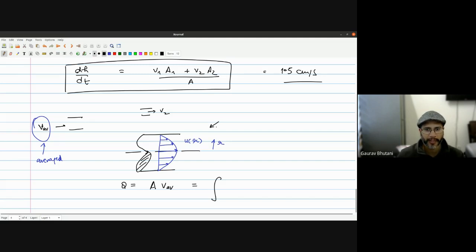It's maximum at the center and it's 0 on the boundaries. So for that matter, we'll have to integrate, and the integral happens over an infinitesimal area in the cross section of the pipe, and this is equal to V for that area, and you integrate over the area A of the pipe, or inlet or outlet, whatever you want to call it.